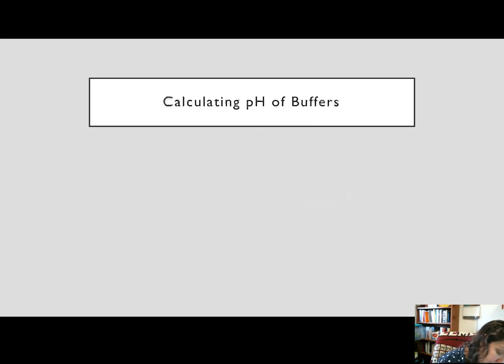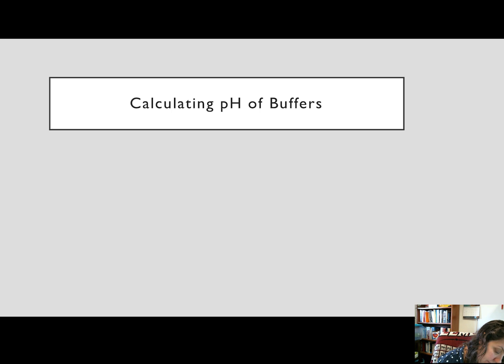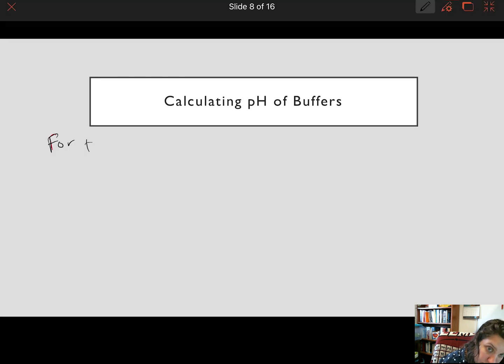For our acid, remember that our Ka is equal to our conjugate base concentration times hydronium over the acid concentration.